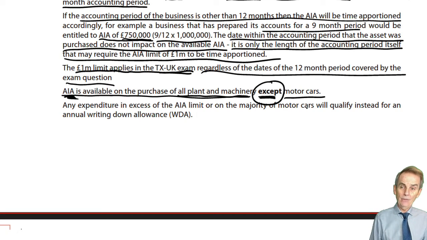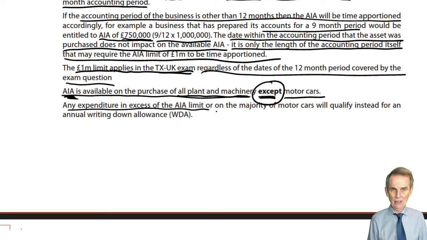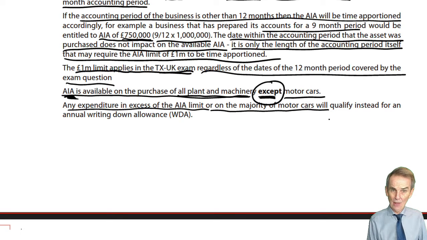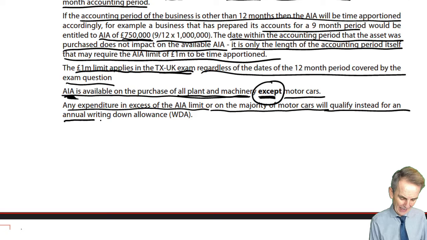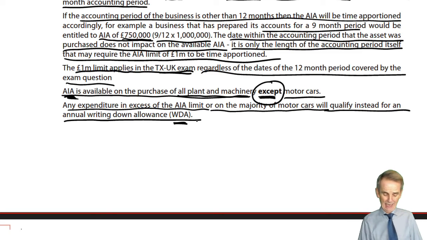But if you did have expenditure in excess of the AIA limit, which may happen in an exam question, though seldom in real life given a £1 million limit, or on the majority of motor cars, there will be one exception, you will qualify instead for an annual writing down allowance, which from now on we'll know as WDA.